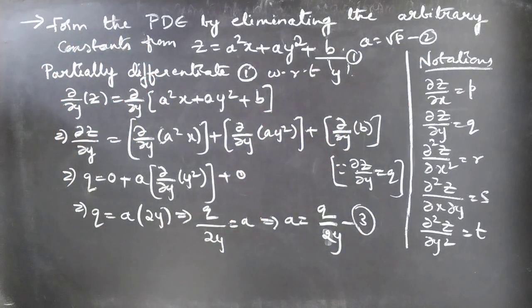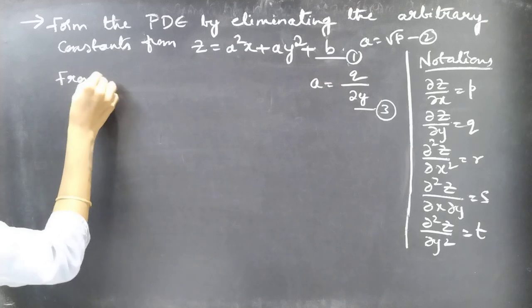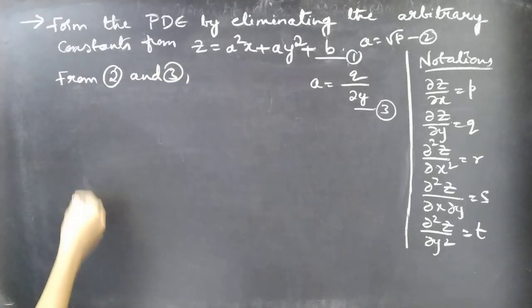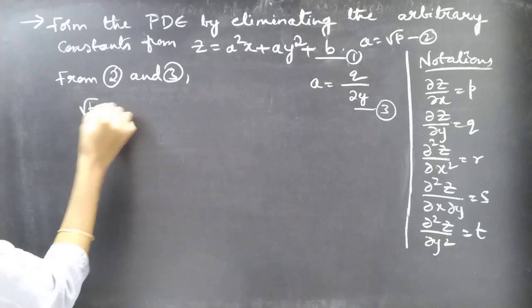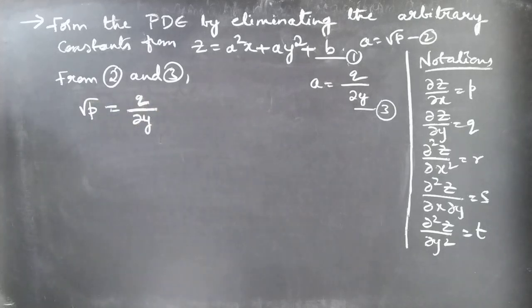Since a equals root p and a equals q by 2y, we can equate 2 and 3, right? From 2 and 3, root p equals q by 2y, right?